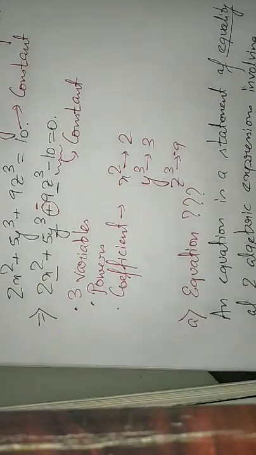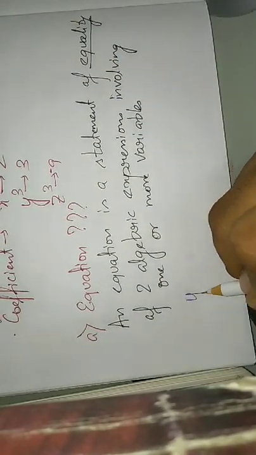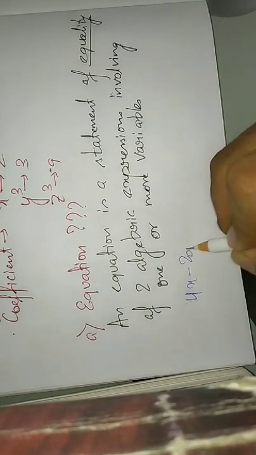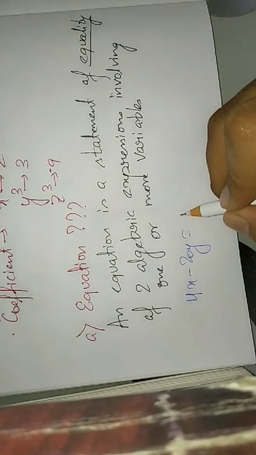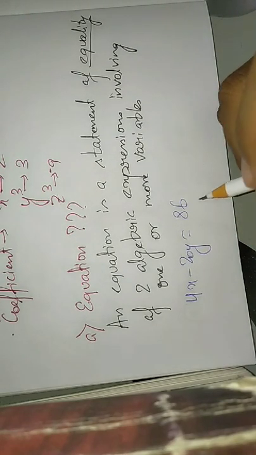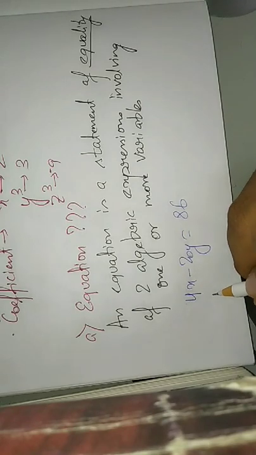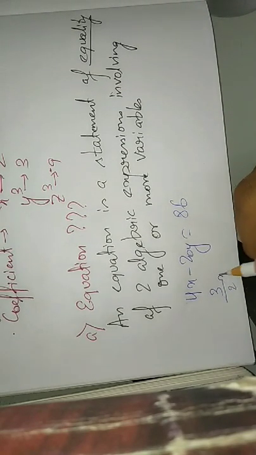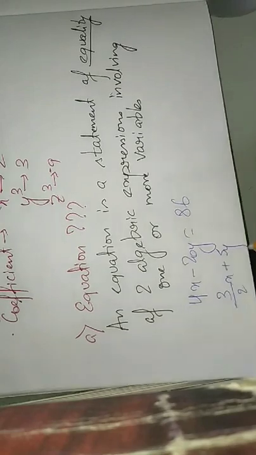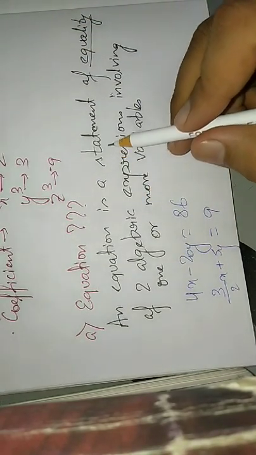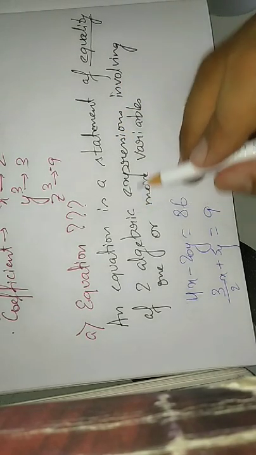Suppose the equations can be written as 4x minus 20y is equal to 86. One more equation, 3 by 2x plus 5y is equal to 9. So these are the two equations. So it is a statement of equality of two algebraic expressions.